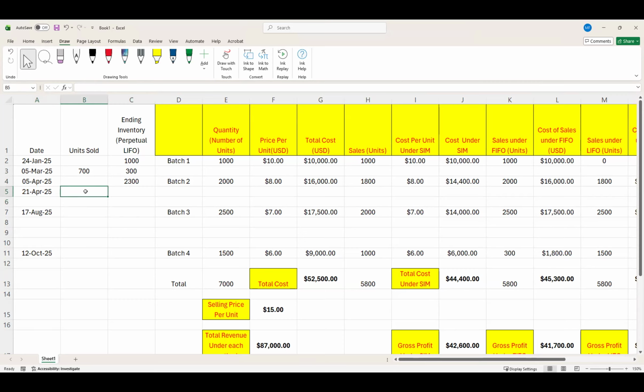And now let us assume that on this day, 1500 units were sold. Now tell me, 1500 will be comprised of how many units from batch 1 and how many units from batch 2?